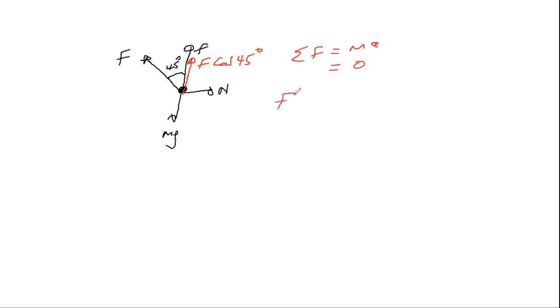So we're going to have applied force F cos 45 plus the frictional force, because friction is also upwards, then minus mg equal to 0. We're looking for F, so we make F the subject of the formula. If we take everything to the other side, the sign is going to change: F equals (mg minus f) all over cos 45.